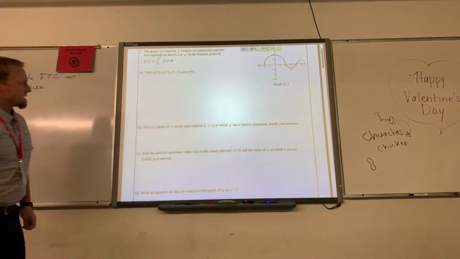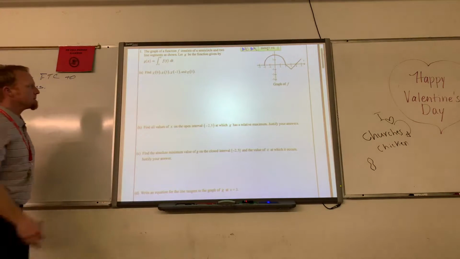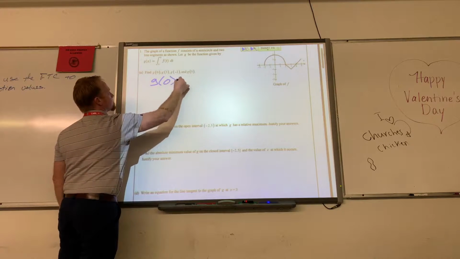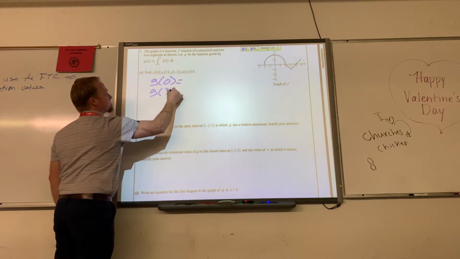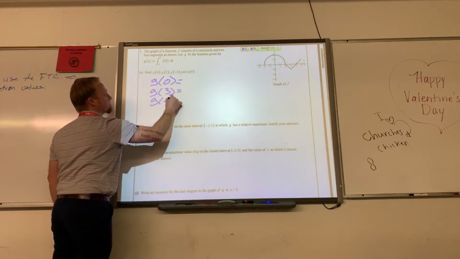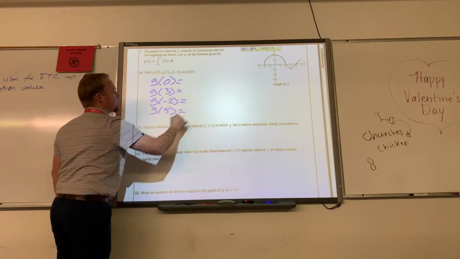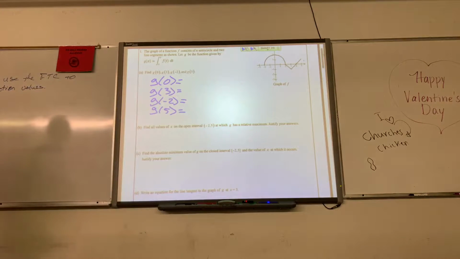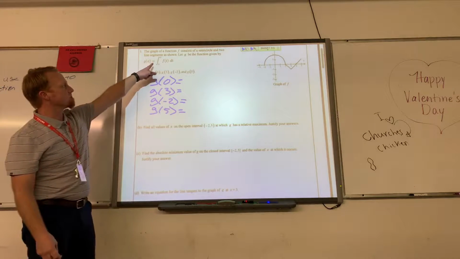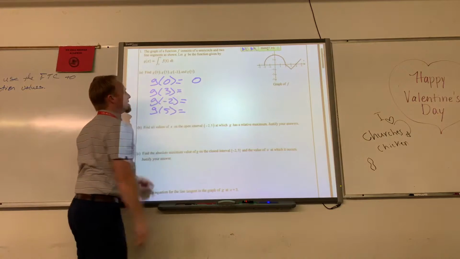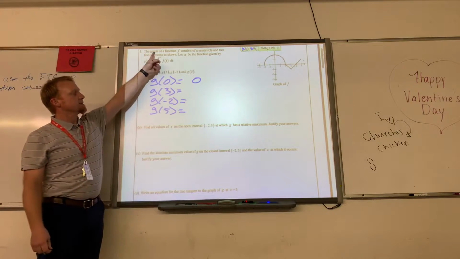All right, find g of 0, g of 3, g of negative 2, g of 5. So g of 0 is easy. I plug 0 in. We're going from 0 to 0, which is 0. Plug in 3, 0 to 3.